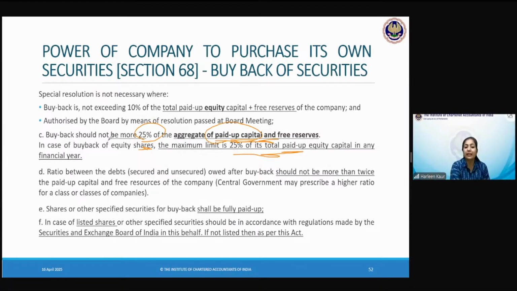What shall be the debt equity ratio? Whenever you do the buyback, it shall not be more than 2:1. In case of a good debt equity ratio, the company is trying to see that you have sufficient equity in order to pay off your liabilities. The shares shall be fully paid up. Again, in bonus shares also we had this provision, same provision in buyback of securities.